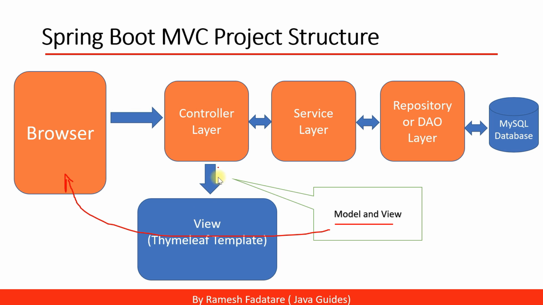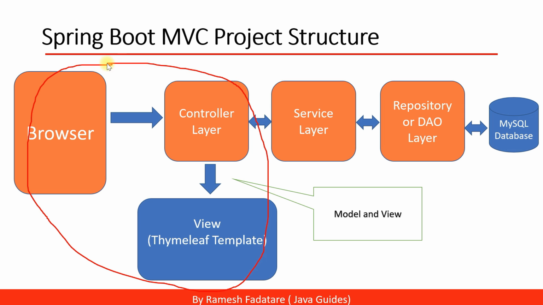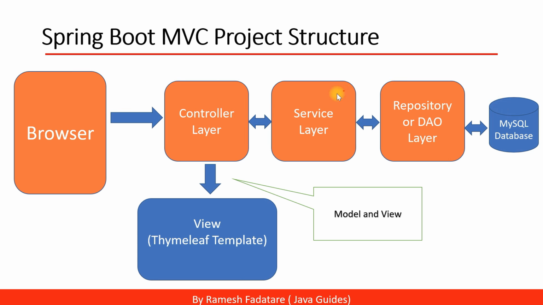This is the MVC design pattern, and we are going to use Spring MVC. The controller layer processes the request and gets the data from the database by using the service and repository layers. That model data is bound to the view, which generates a web page, and that web page will be displayed on a browser. So this is the simple Spring MVC flow that we are going to implement in this project.